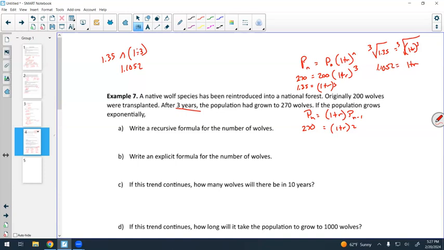Subtract 1, and I get R is equal to 0.1052. So now I know this is simply P sub n equals 1.1052 times P sub n minus 1.